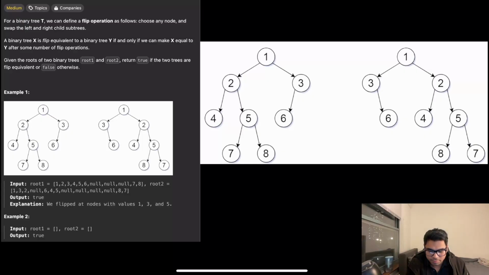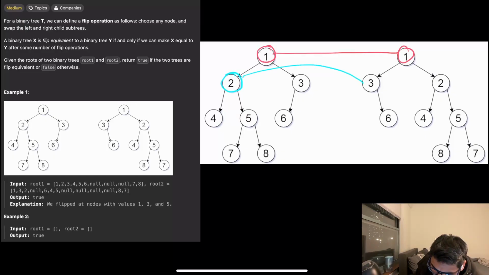All right, simple. So if you see over here, what I meant is they will be flip equivalent if the root is equal. You cannot flip the root, so it has to be equal. So these are equal, but then left can either be equal to their left.